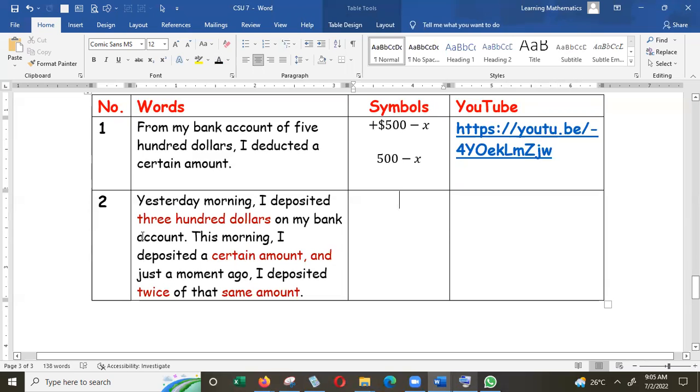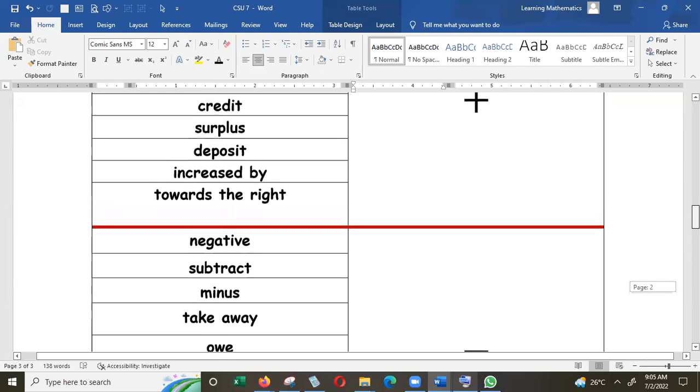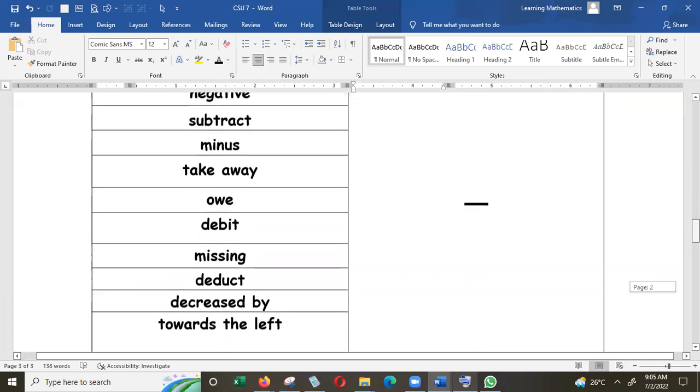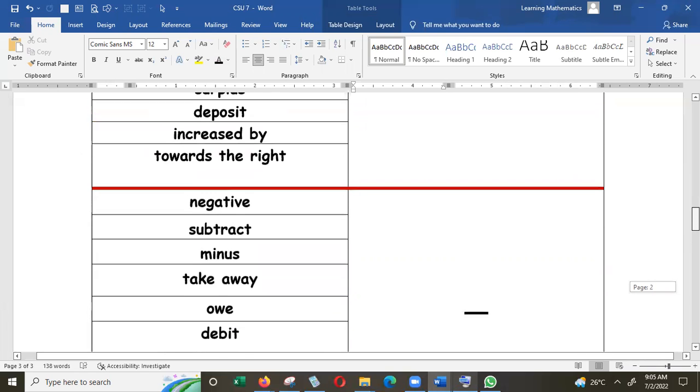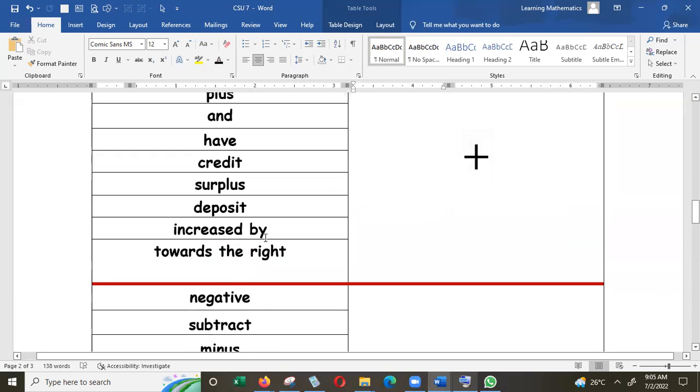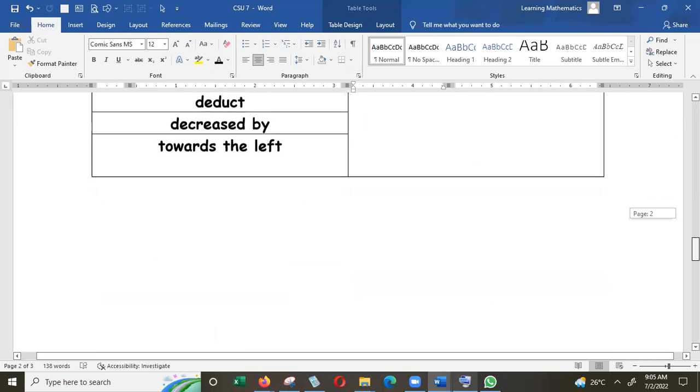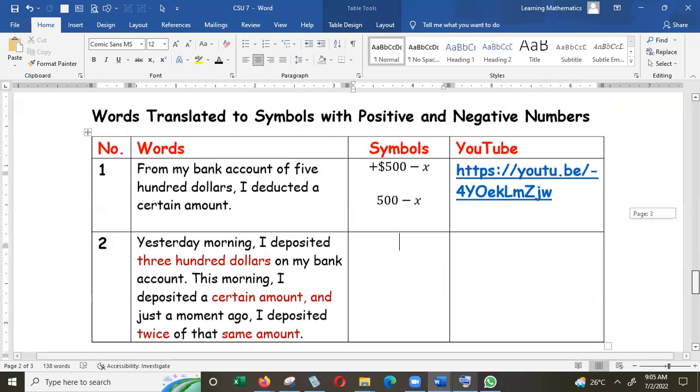I deposited $300. So if you deposit $300, that's a plus. You are adding $300 to what was there already.